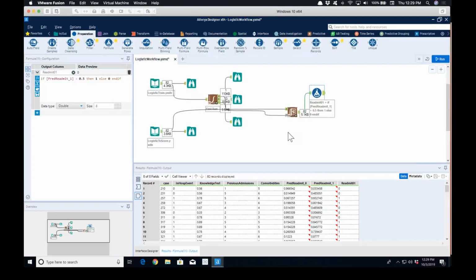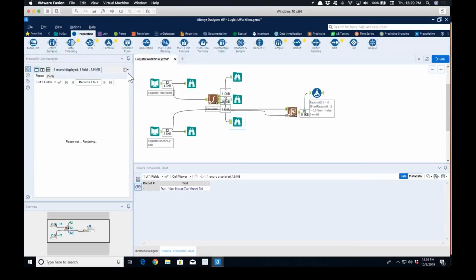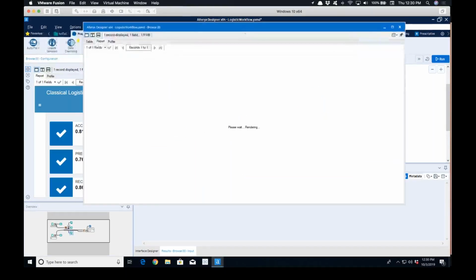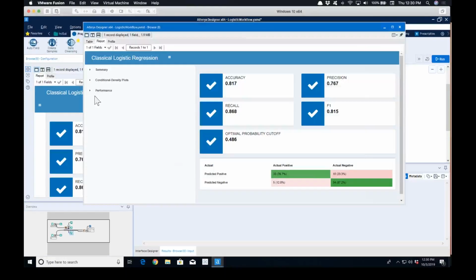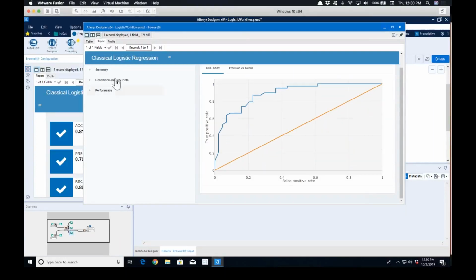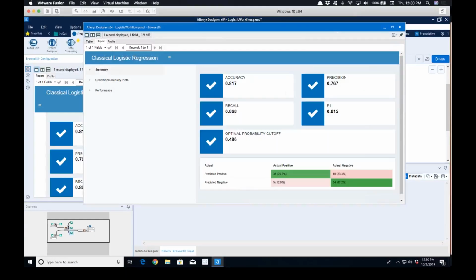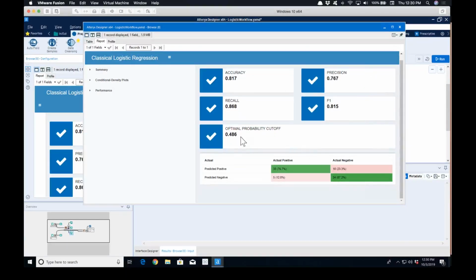And that's logistic regression. But I did want to show you a couple of things about Alteryx also, now that we've seen this. If we look at the output again, I'm going to pull this back up because there's something in here that I think will be really interesting to you, but we needed to see that before. There, sorry. This value right here, this optimal probability cutoff, is 0.486.